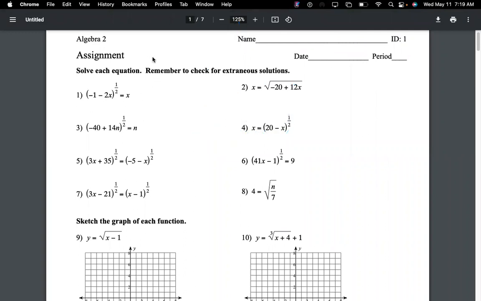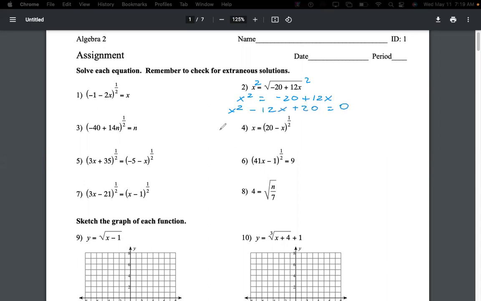All right, I've had a request to write it clear. Here we go. Squared. So that's x squared equals negative 20 plus 12x. I'm going to move everything to one side, so that means I'm going to subtract and add. So I'm just going to put this as x squared minus 12x plus 20 equals 0.